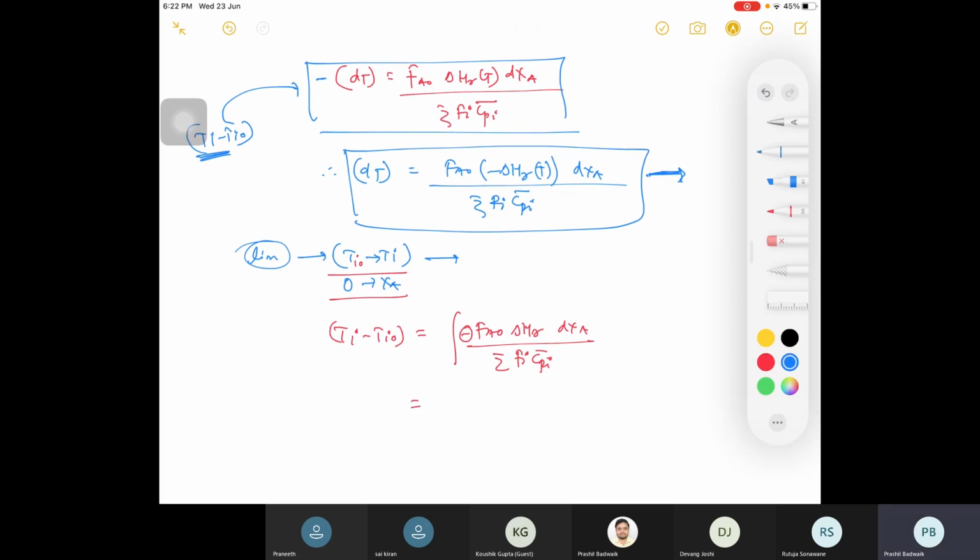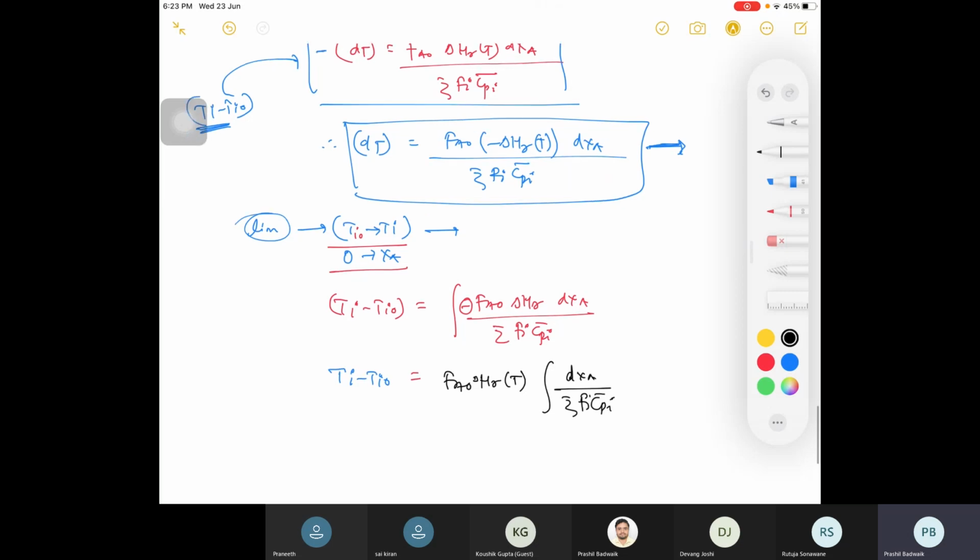So that is Ti minus Ti naught is equal to minus Fa naught, or Fa naught delta HR reaction at temperature T integration dXA by summation of Fi Cpi mean. And I'm writing here just a small change.